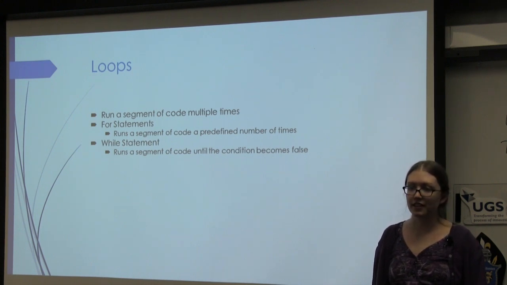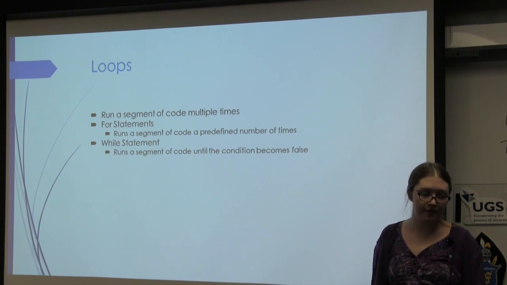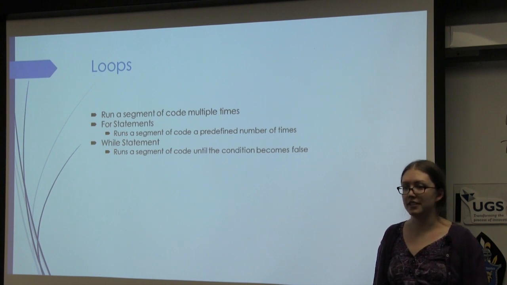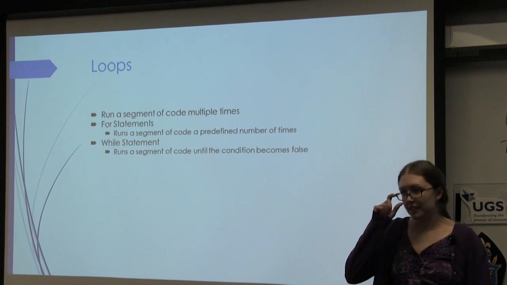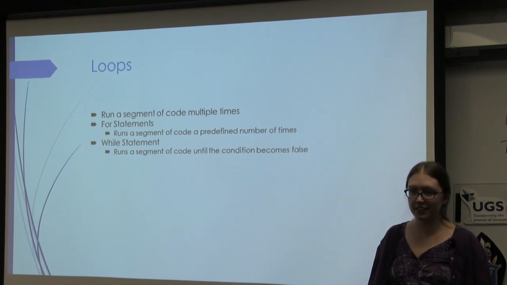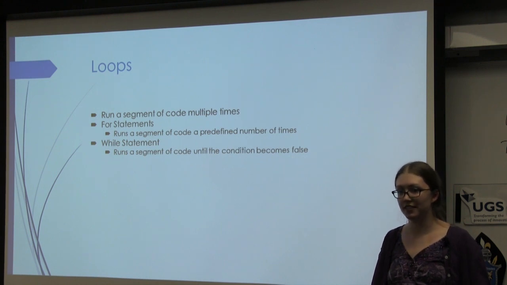Loops, this is a way to loop through the same segment of code multiple times. While statements, when we open the sample robot code, your teleop code is within a while statement, and basically all it does is continuously run the code as long as you are in operator control, not autonomous, and enabled is true.